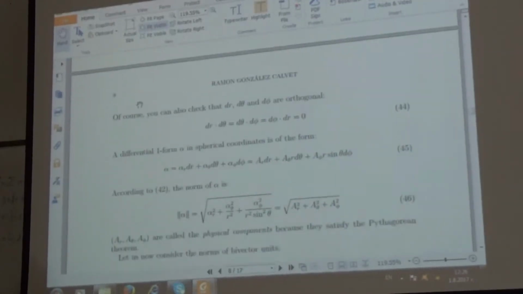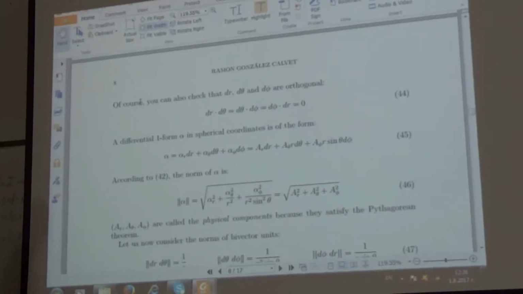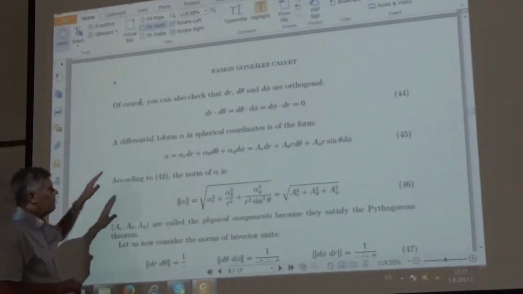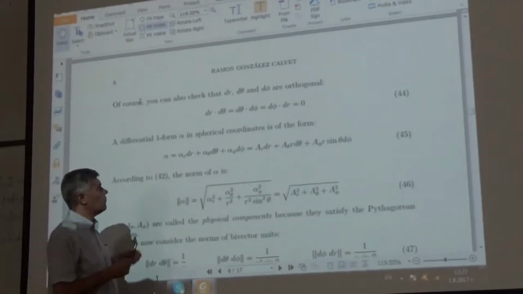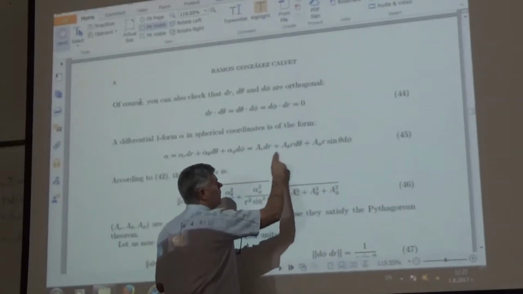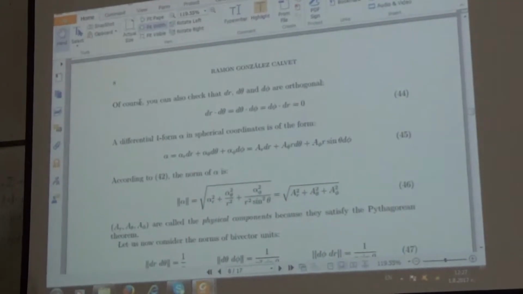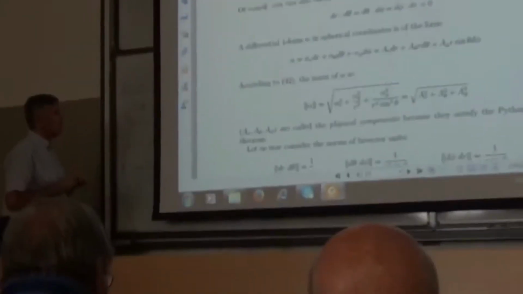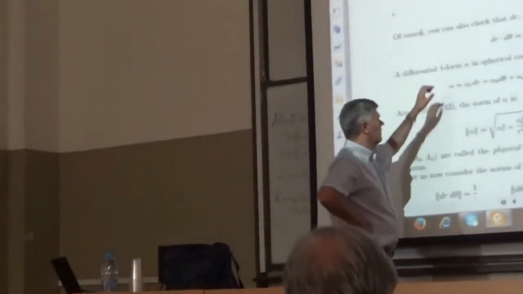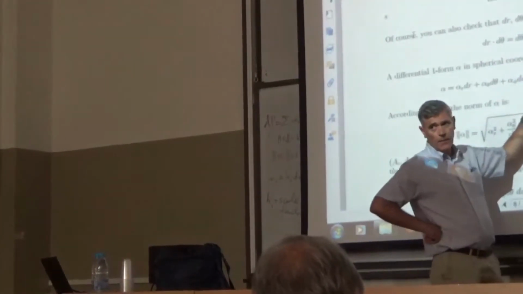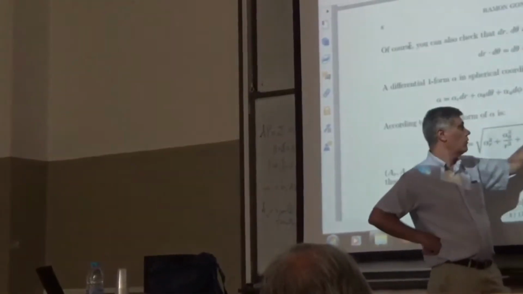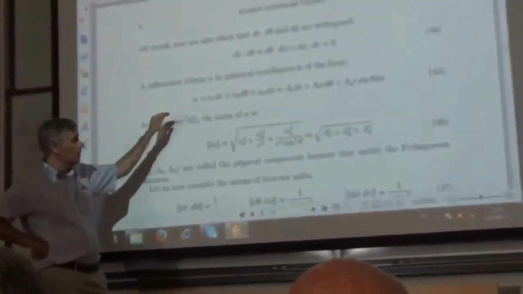Well, for instance, how can we calculate the norm of a differential form given in spherical coordinates? The first thing is to write it in the form including the scale factors. These are called the scale factors. The physical components of a differential form are the components of the differential form, but written in the basis of omegas, okay? Not in the basis of differential coordinates.